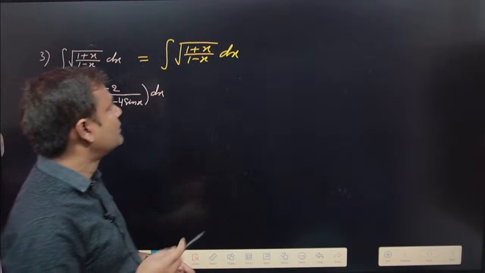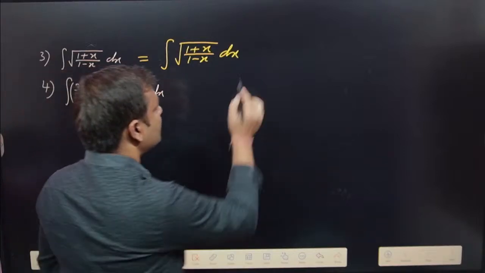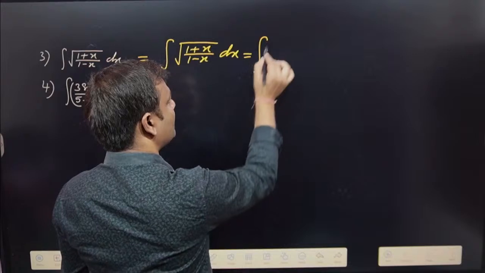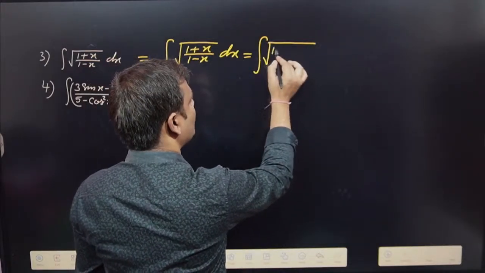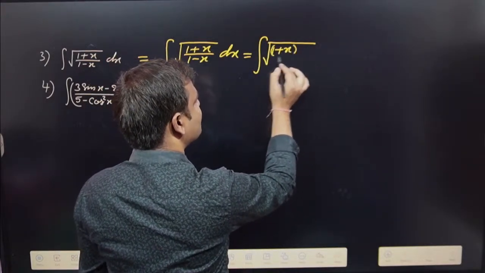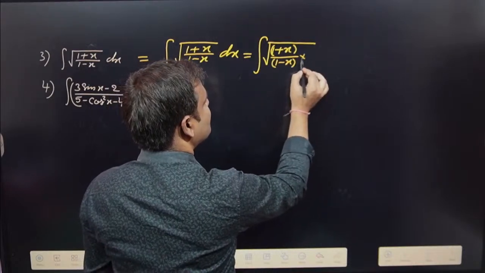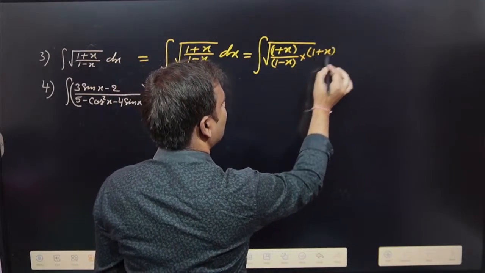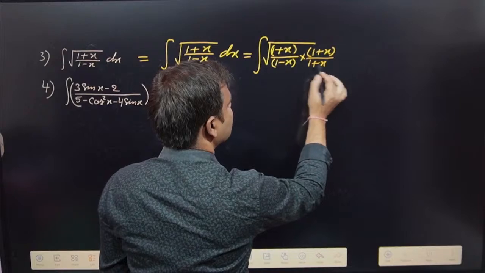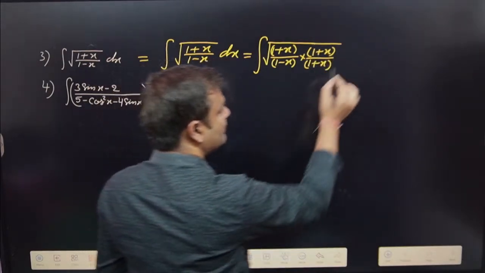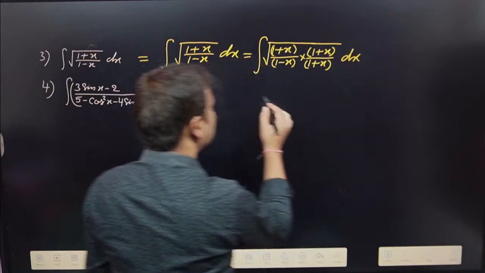So if you multiply and divide by under root of 1 plus x upon 1 plus x, this one written dx.